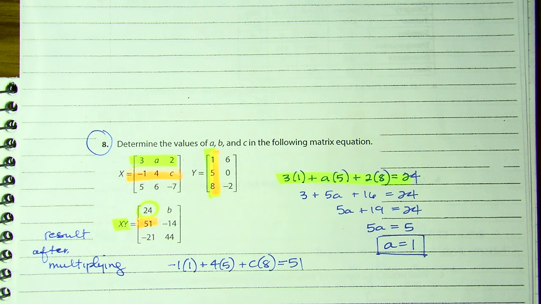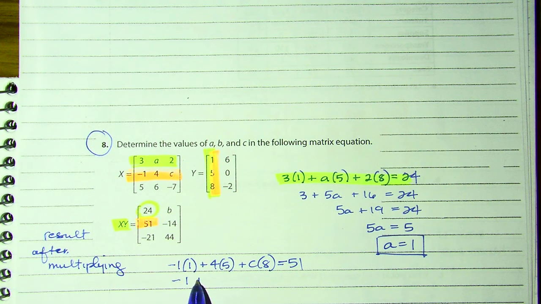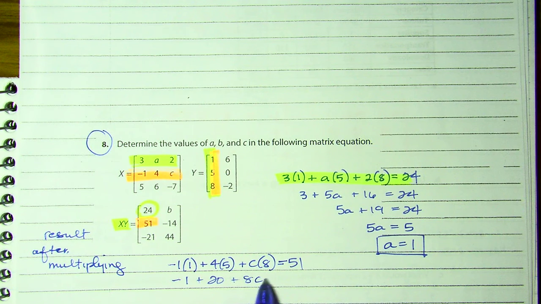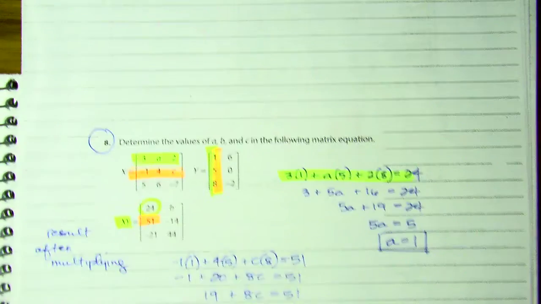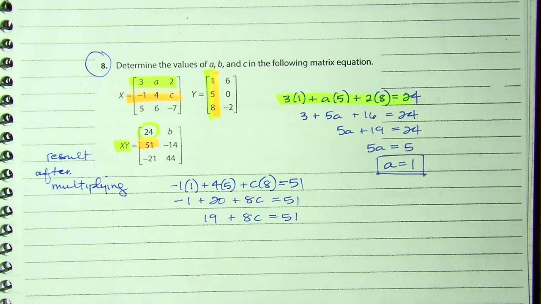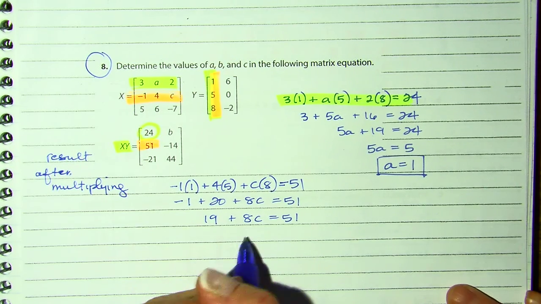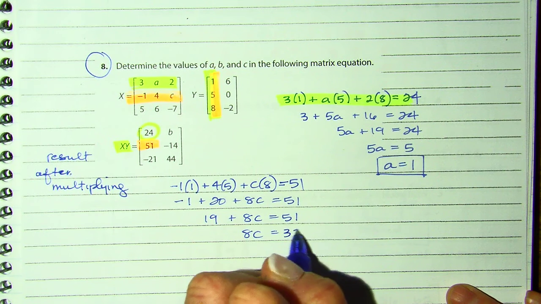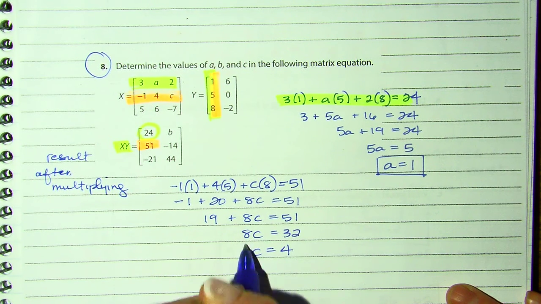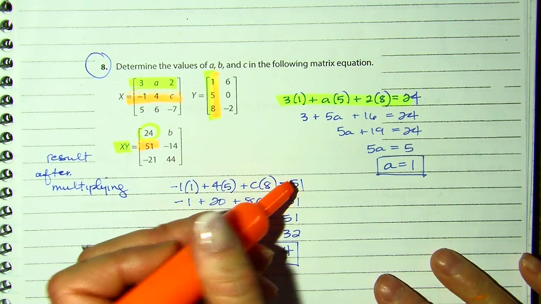And just give me 2 seconds. So that gives me negative 1 plus 20 plus 8C equals 51. So 19 plus 8C equals 51. 51 minus 19. So 8C equals 32. So C equals 4. Sorry, and that is this setup here.